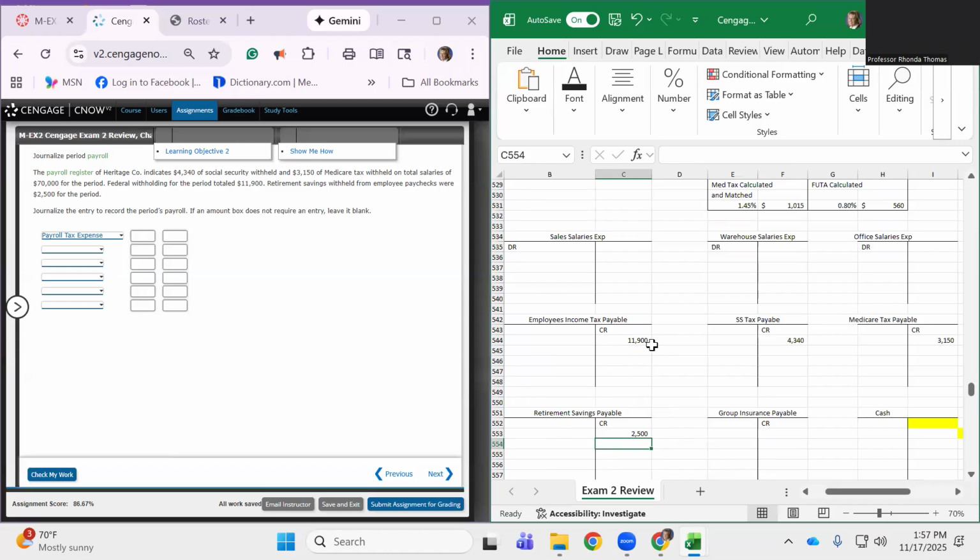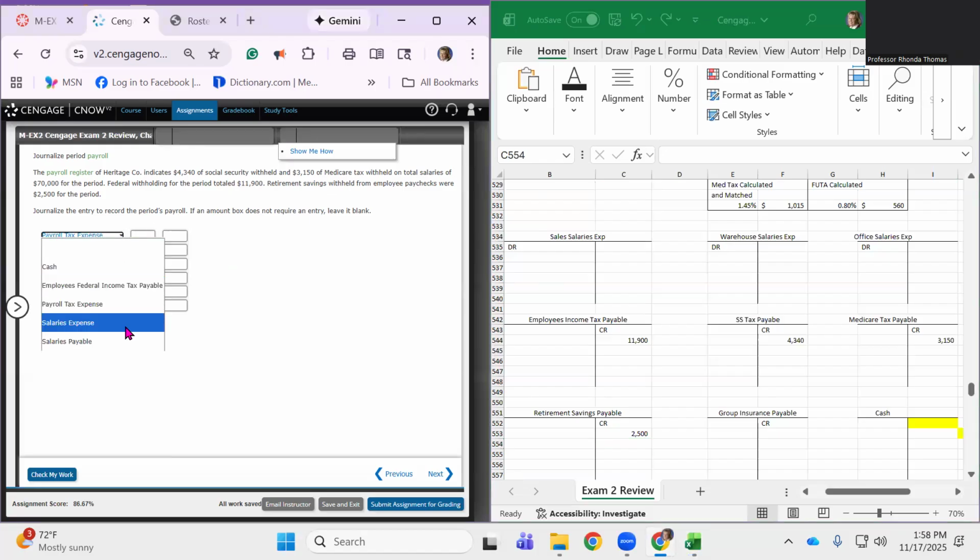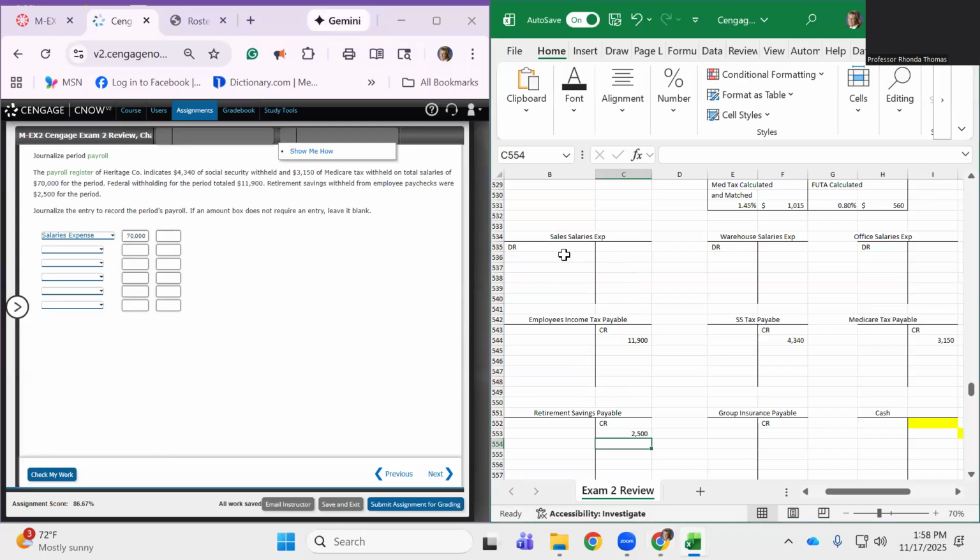So then are they paying the people on that day? Withheld from employee checks were 2,500. Withheld on total salaries. Okay. So journalize the entry. So this is going to be total salaries. Salaries expense. That's why they gave us the 70,000. Yep. Okay. Salaries expense. Put it in. And that's going to go here. Okay. What we're going to solve for is the very last credit.